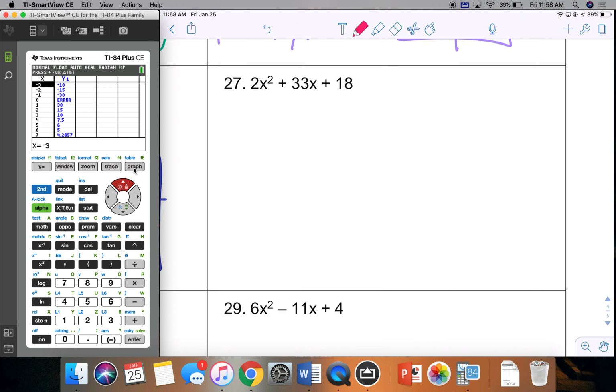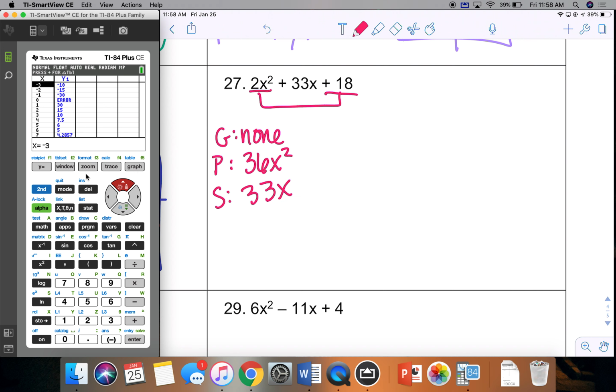Problem 27, I'm looking at these and I'm not seeing a GCF, so there is no GCF. My product is first times last, so 36x squared. My sum is 33x, so I'm going to put my product of 36 in and search for my sum of 33.